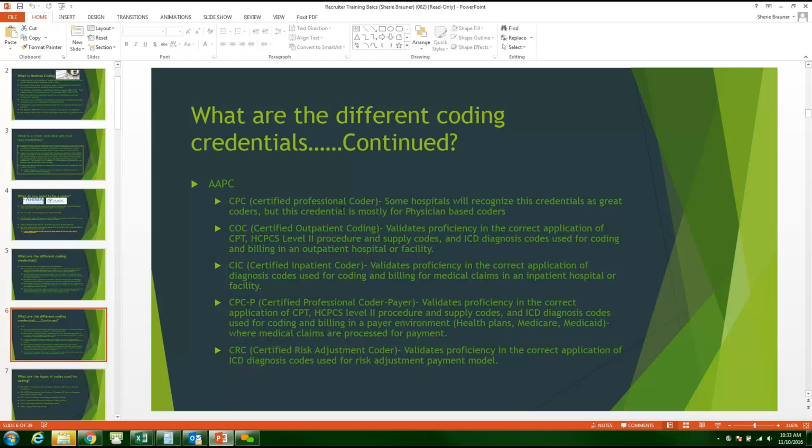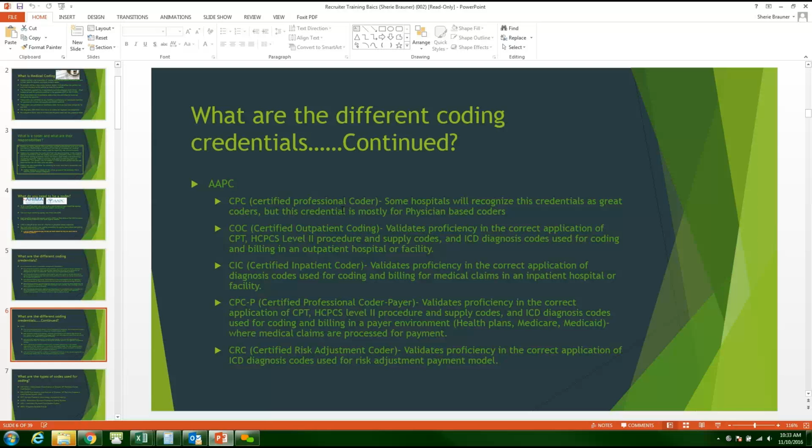CPCP, Certified Professional Coder Payer, validates proficiency in the correct application of CPT, HCPCS Level 2 procedure and supply codes, and ICD-10-CM diagnosis codes used for coding and billing in a payer environment.